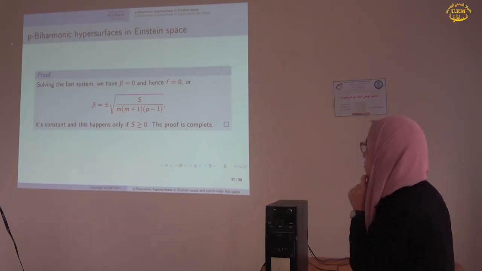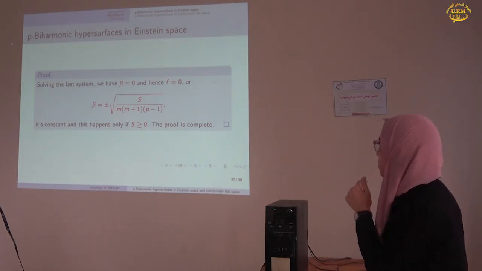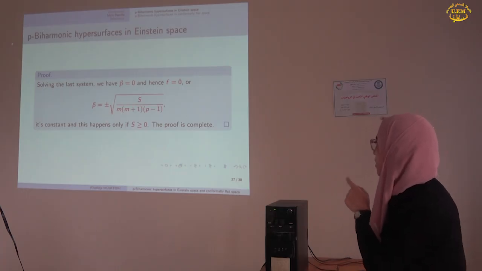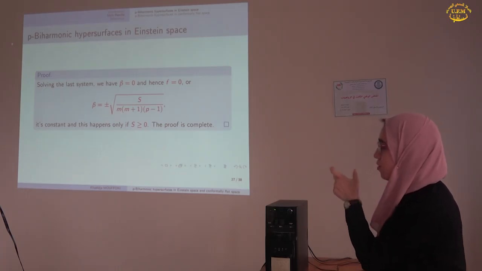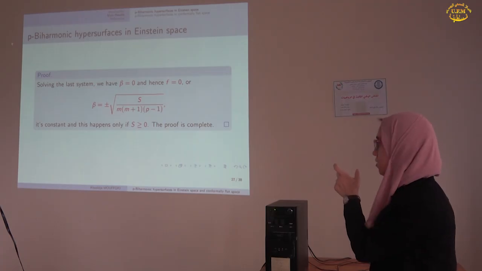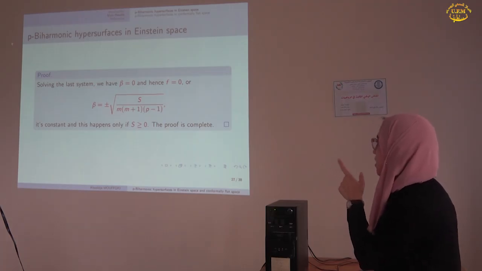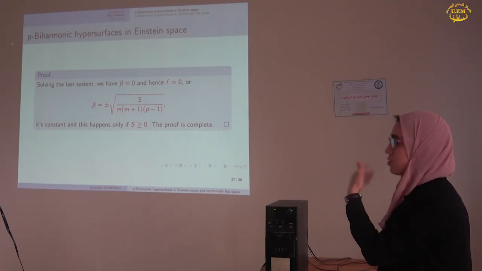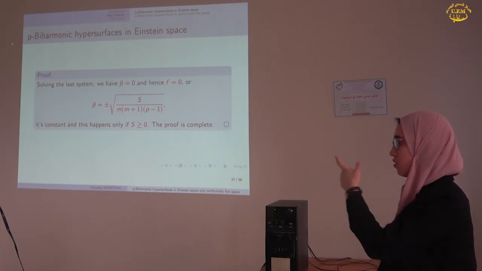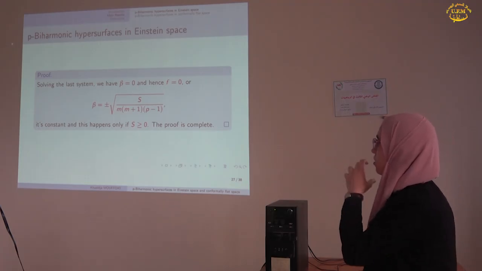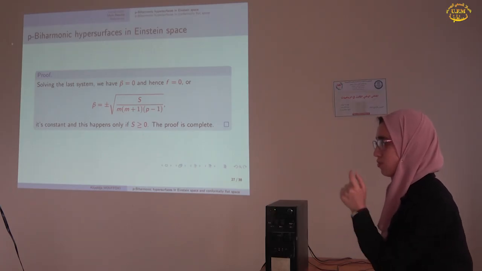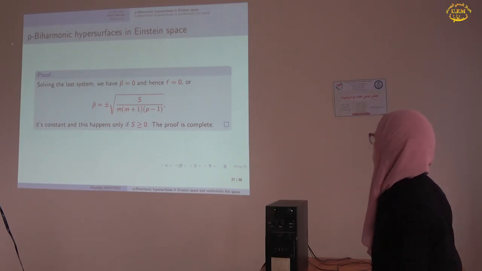Solving the last system, we have beta equals 0 and hence F equals 0, or beta equals the square root of S divided by a positive number. It's a constant, and this happens only if S is positive. And in the theorem, we suppose that S is non-positive. The proof is complex.